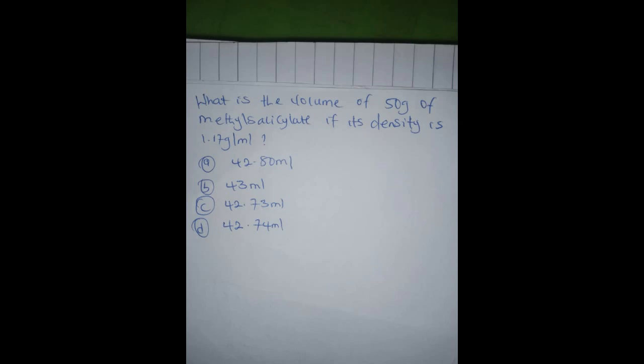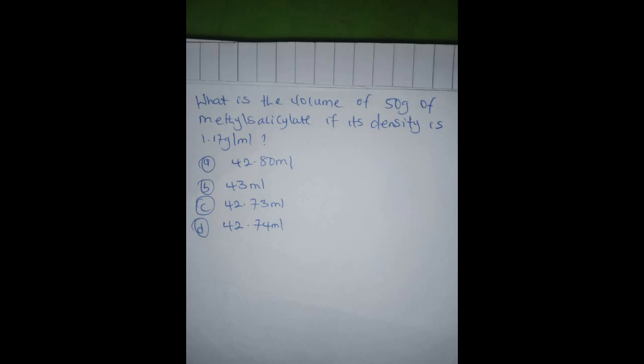Now you need to approximate it because it's a continuous number. Looking at this theoretically, by virtue of mere calculation, you can just round it up, and looking at the options, 2 decimal places is okay. Option A says 42.80.